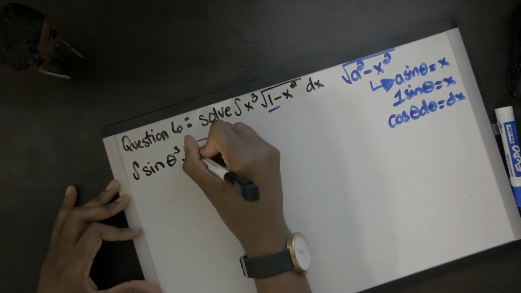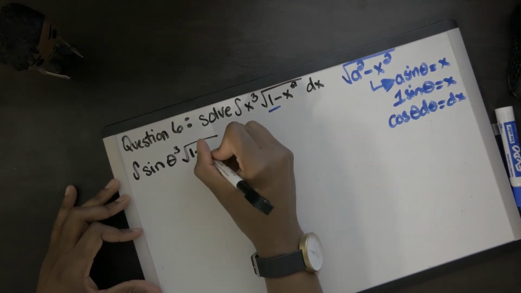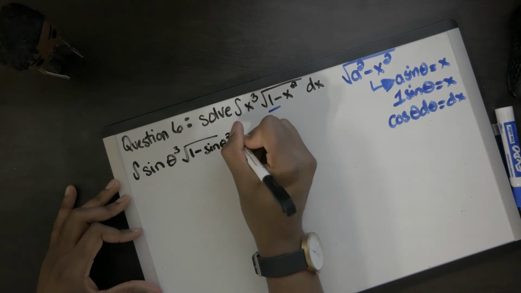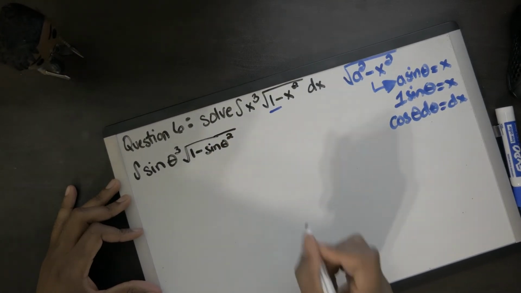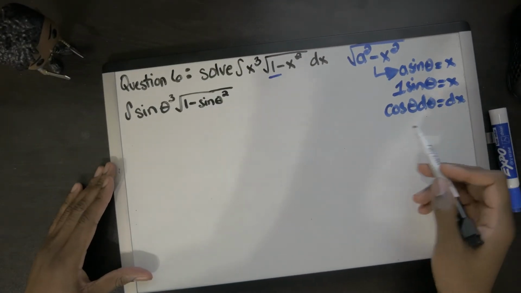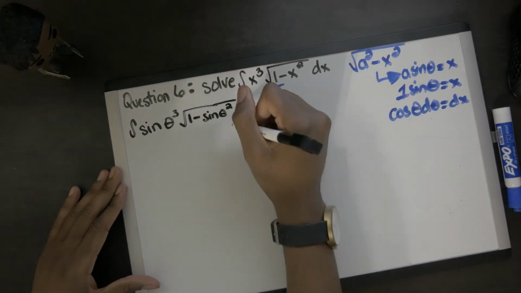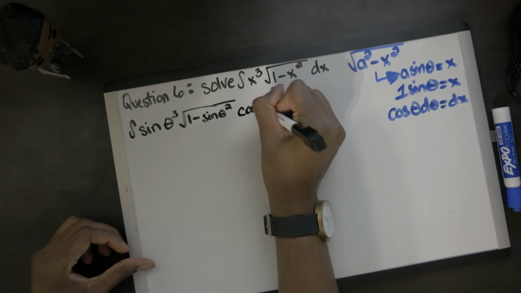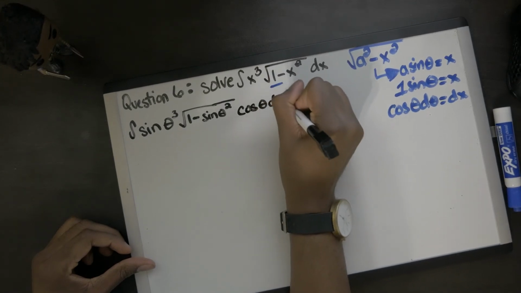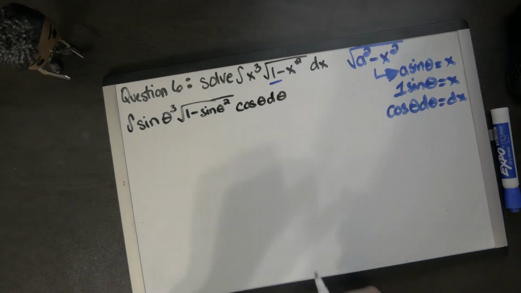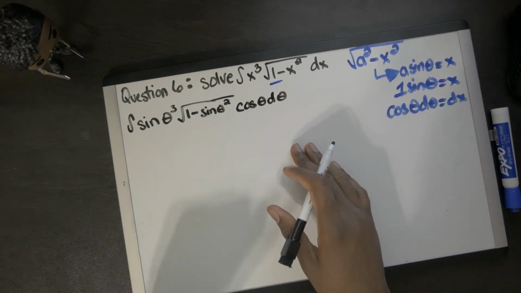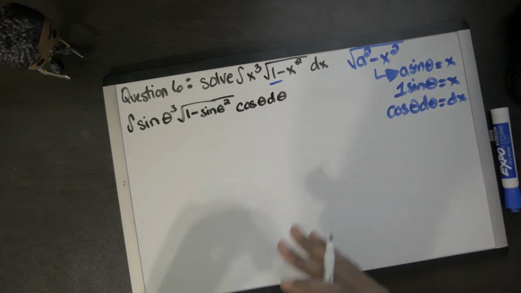So we're going to say 1 minus sine theta squared, right? And then we have a dx. What was dx? Cosine theta d theta. So it's going to be cosine theta d theta. So now we're looking in terms of theta, and we have everything converted in terms of theta. So that was the first step.